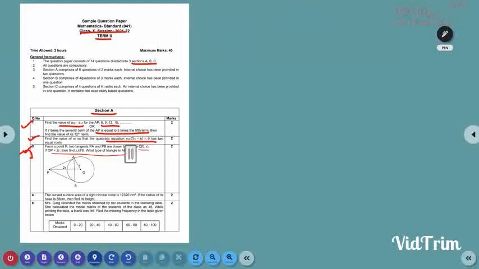So this is a circle with center O and radius R. So let us draw the radius OA as R. And this is the point P which is outside the circle, and from this point P we are drawing two tangents PA and PB. We have to find the value of angle APB, and we have to tell what type of triangle is triangle APB.